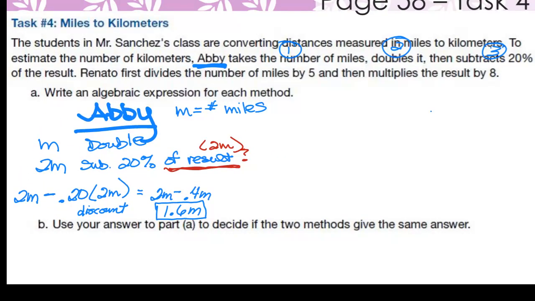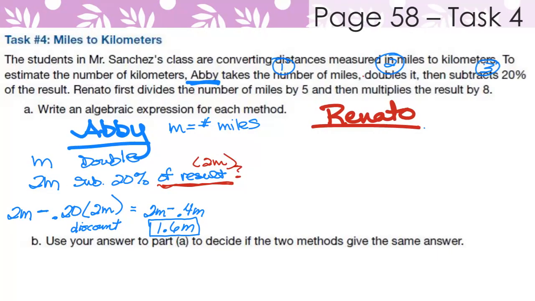Now we got to talk about Renato. R-E-N-A-T-O. He did something different. Okay, so for Renato, he divides the number of miles. How many miles are we starting with again? M, yes.